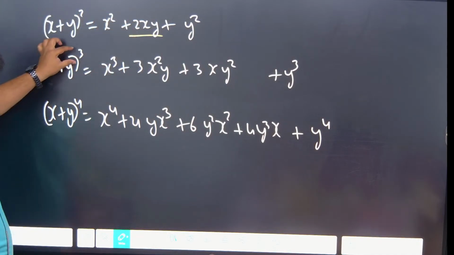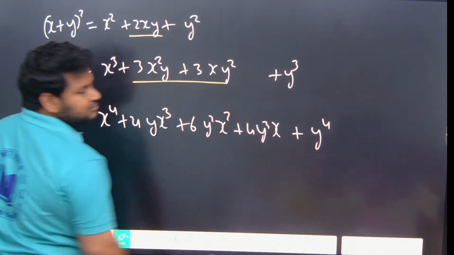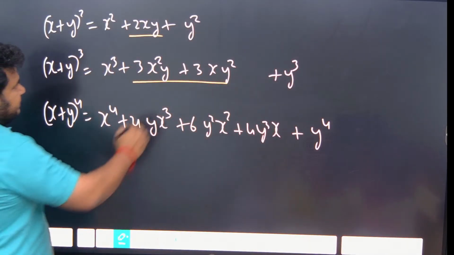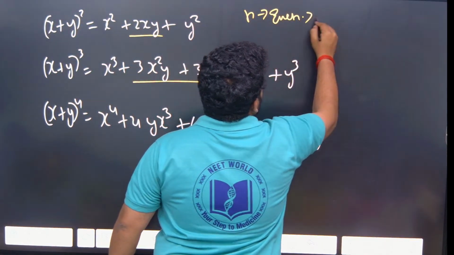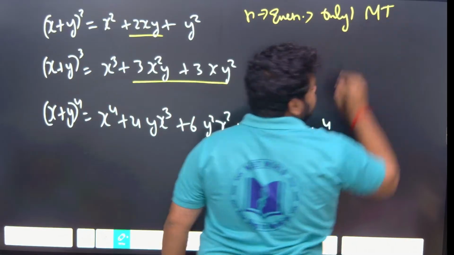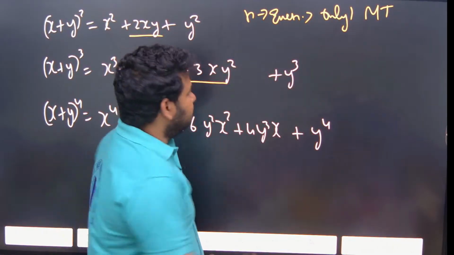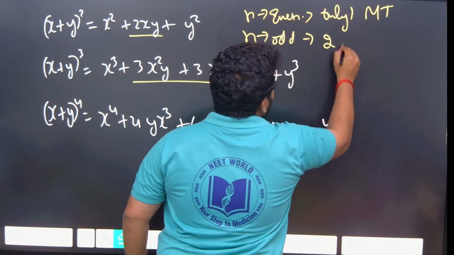Now look at this. N is what here? Odd. How many middle terms are there? 2 middle terms. So when n is even, how many middle terms? Only one middle term. Please make a note of it. When n is odd, we are having 2 middle terms.